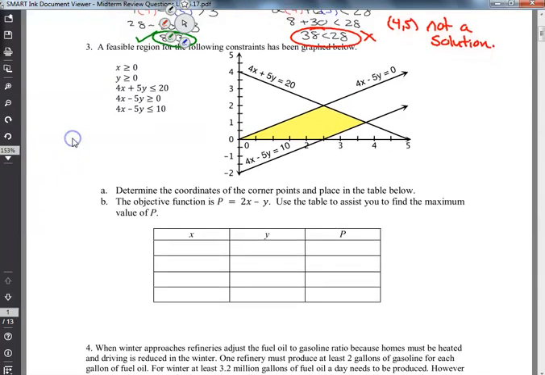Alright, going here to my linear programming question. I give you all the constraints, I give you the feasible region. Now you have to plug into the chart and figure out the points. So this one, I know is (0, 0).